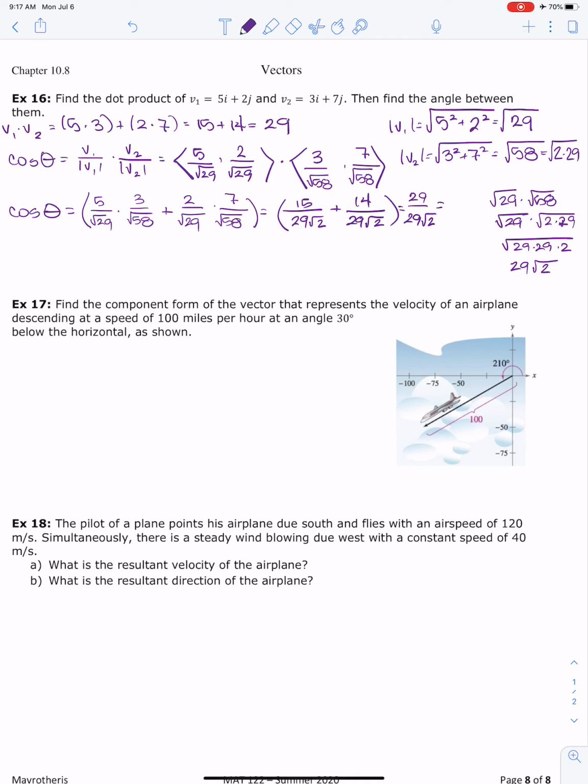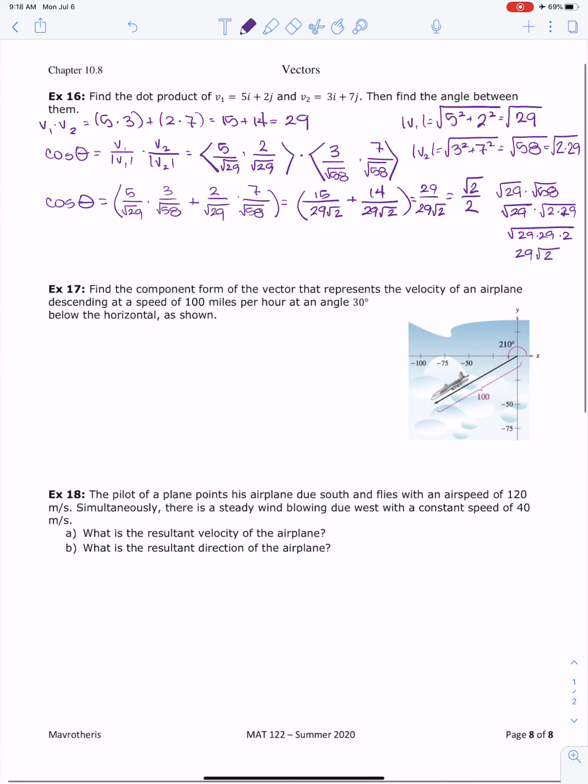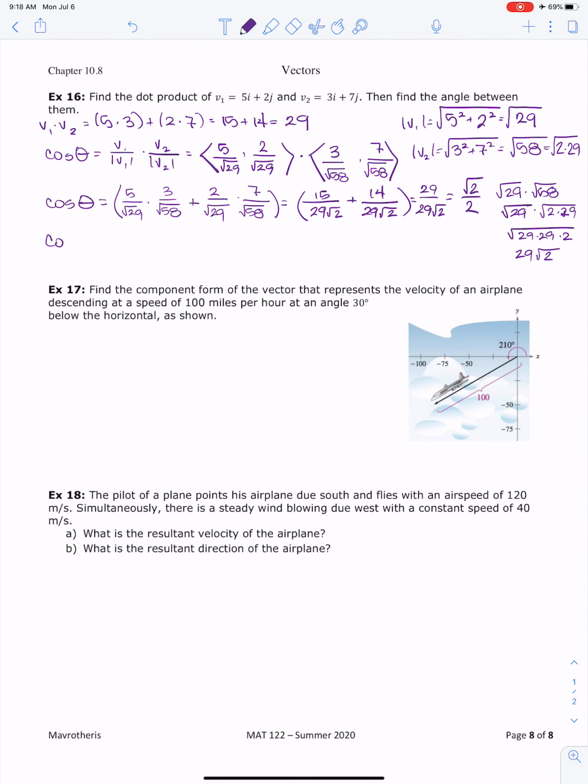I get 1 over the square root of 2, which we're definitely not going to leave with that in the denominator. So I'm going to multiply numerator and denominator by square root of 2 over square root of 2. And we get the cosine of theta is square root of 2 over 2, which means inverse cosine of square root of 2 over 2 is theta. Theta is pi over 4, or 45 degrees. So there is a 45-degree angle between the two of these.